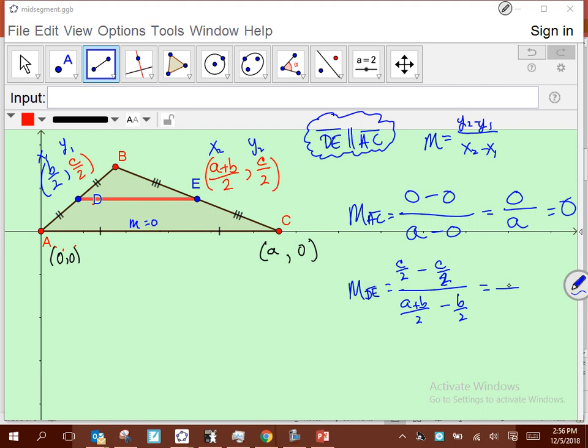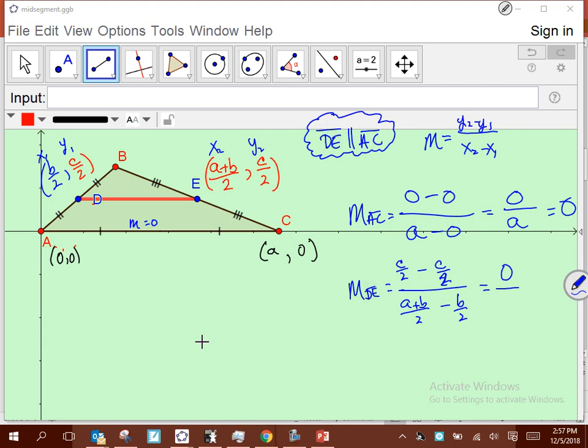What's c over 2 minus c over 2? 0. Now I just have to make sure, because a lot of times when you get the numerator to be 0, you can say, well, 0 divided by anything is going to be 0, right? So I can maybe make the conclusion that this is 0. I just want to make sure that my bottom doesn't become 0 itself, because then that would be an issue. Does that make sense? You can't have 0 divided by 0, even if the numbers are the same.